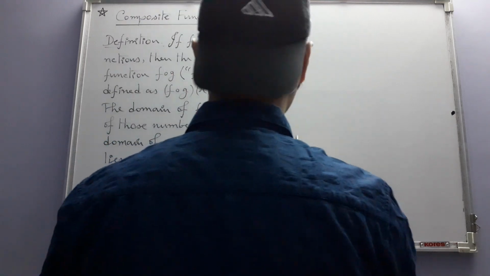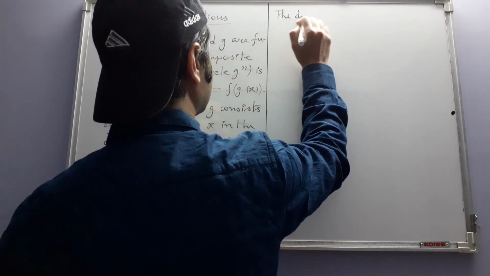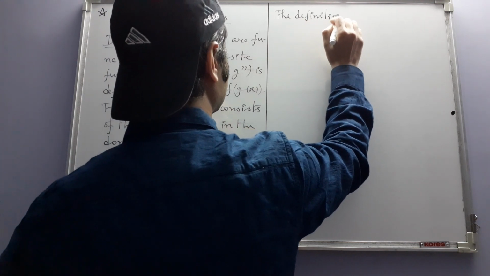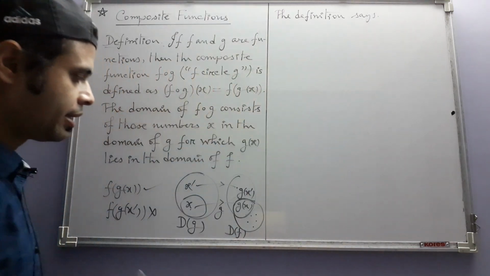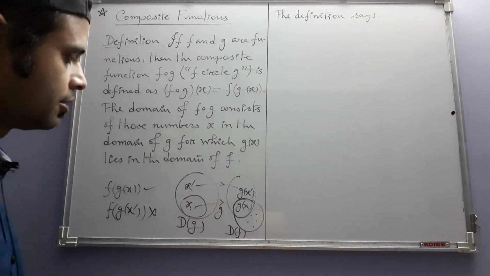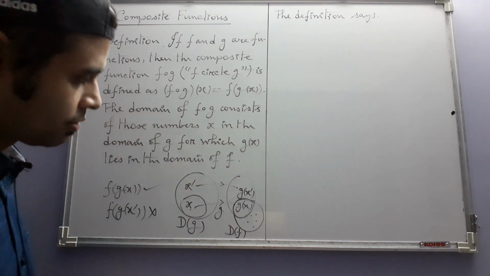So the definition says, from this little diagram you can see that there is one case where you cannot define f circle g at all.